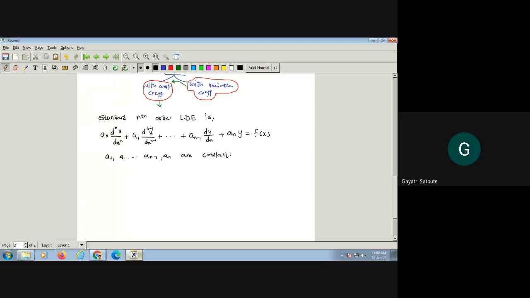X is independent. Exactly. X is the independent variable and y is the dependent variable. The one whose derivative is taken is the dependent variable, and with respect to what, that is the independent variable. I hope the point is clear to everyone. Why am I asking this repeatedly? Because that is the only thing important throughout the unit. Students are used to starting with y as the standard dependent variable and x as the standard independent variable.